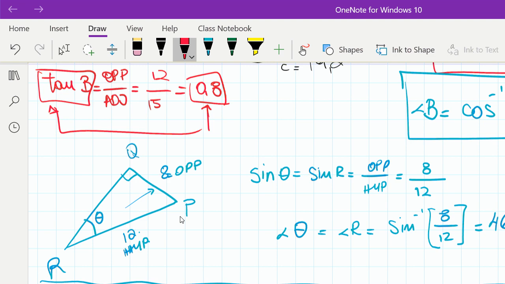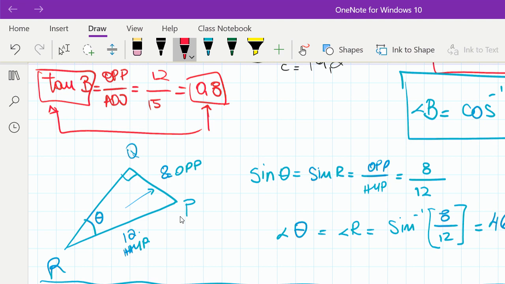Now, the question that you have to ask yourself is, what is that trig ratio that relates the opposite and adjacent that are given here in our triangle? And that trig ratio is tangent. So tangent of angle P will be opposite, that is 14, over adjacent, that is 13.